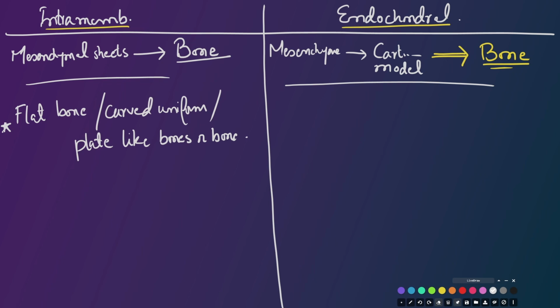It's very easy and simple, and it is a relatively faster method of bone formation. So it is best suited for flat bones or plate-like bones or parts of the bone.